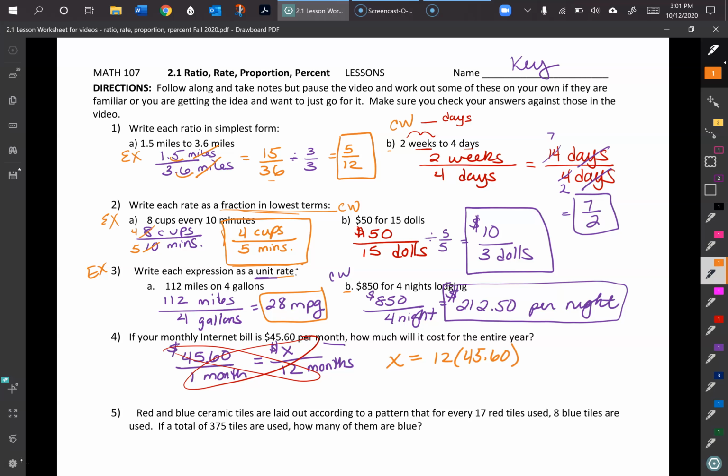We want to have our units the same, so notice I have dollars in the numerator and then the months in the bottom. Okay, so this is my monthly bill right here, and this is my yearly bill. And so when I go ahead and multiply that out, I get $547.20 per year. So make sure you write that as well.